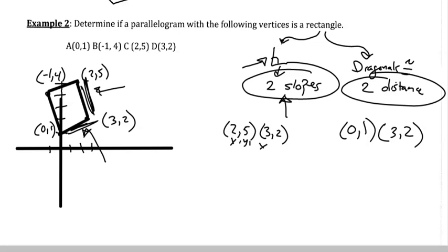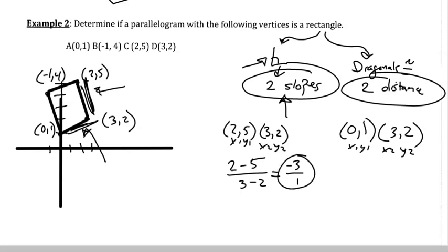x1, y1, x2, y2. So y2 minus y1 over x2 minus x1. -3 over 1. The other one would have to be flip it and switch it opposite reciprocal 1/3.